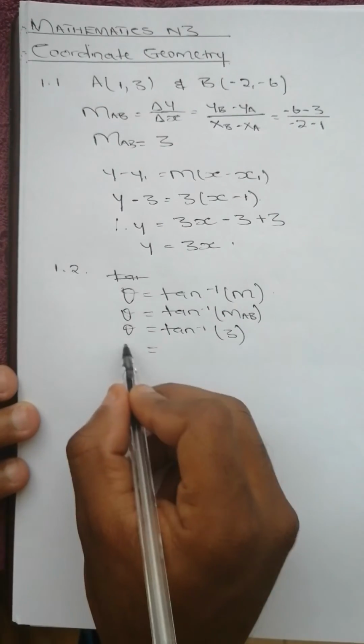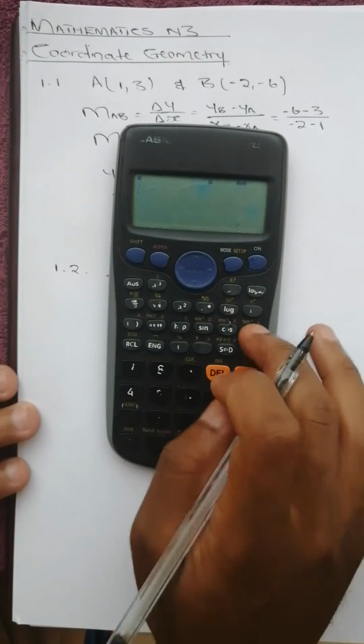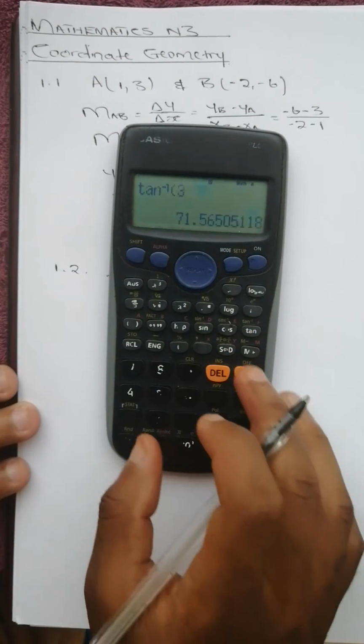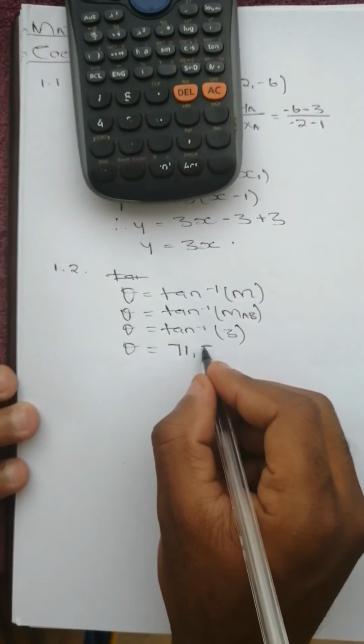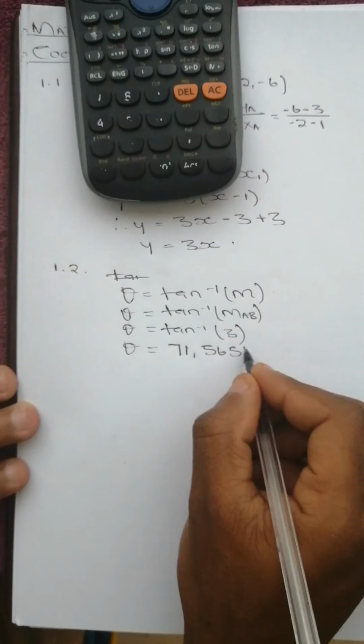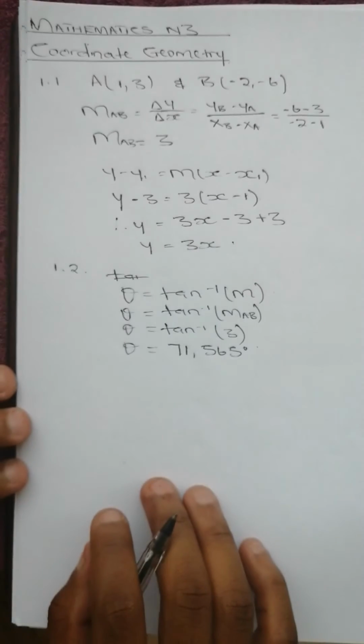If we punch that into the calculator, tan inverse of 3, theta equals 71.565 degrees. And we are done with question 1.2.